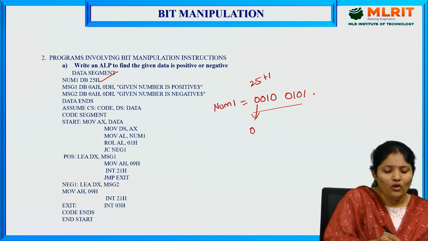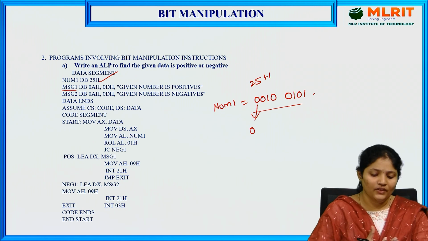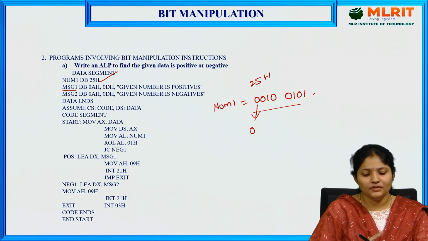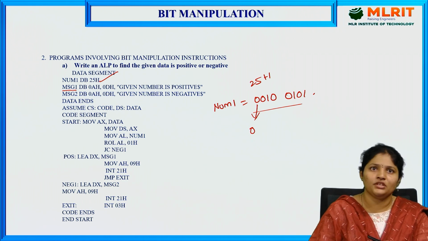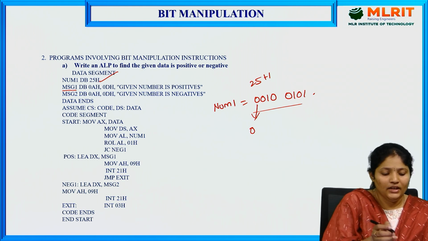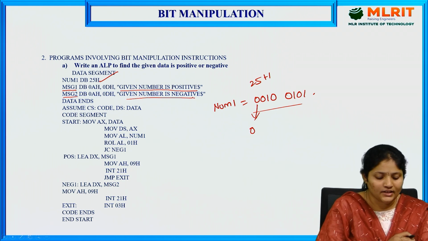Here I have already taken message 1 and message 2. If we get a positive number, it will display that the given number is positive. If we get a negative number, it will display that the given number is negative. That is the logic we need to write. Message 1 is positive, message 2 is negative, and I have already initialized them in the data segment itself.